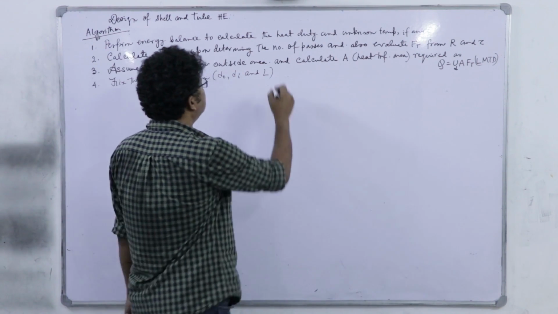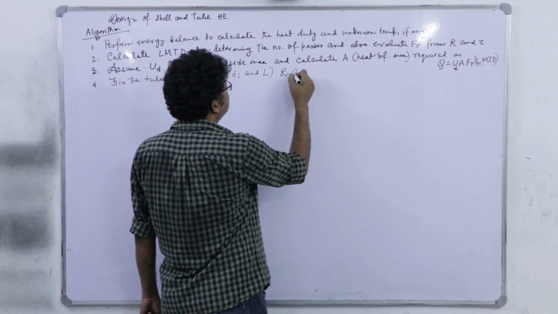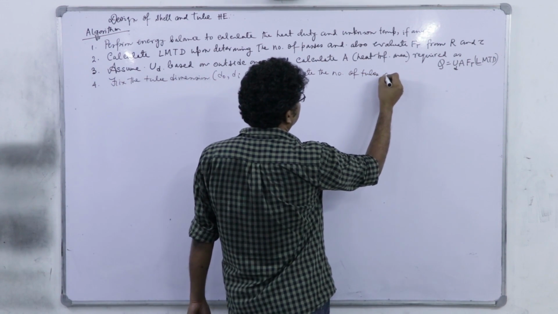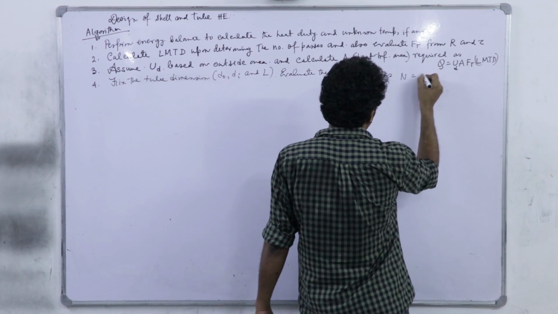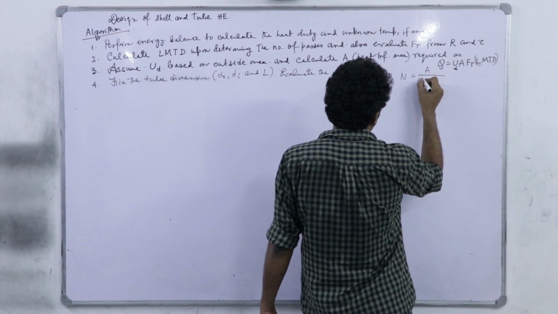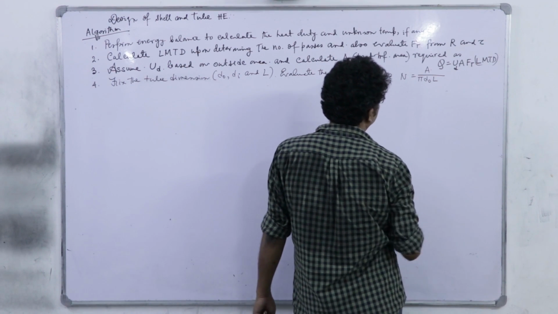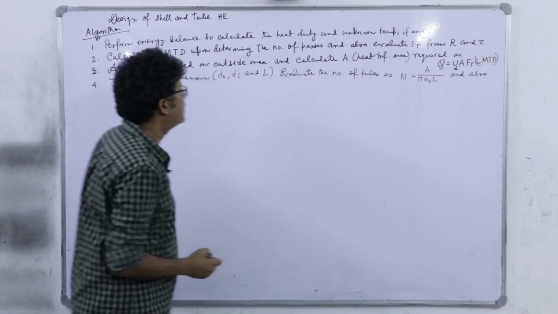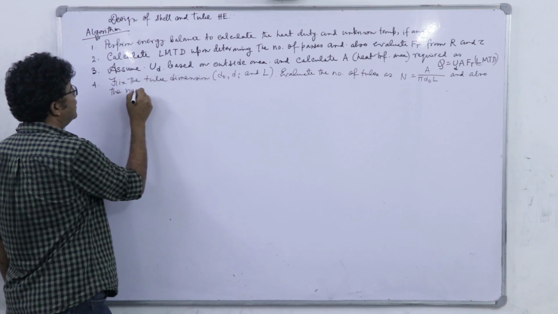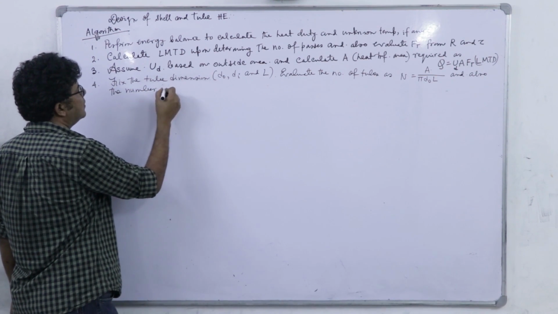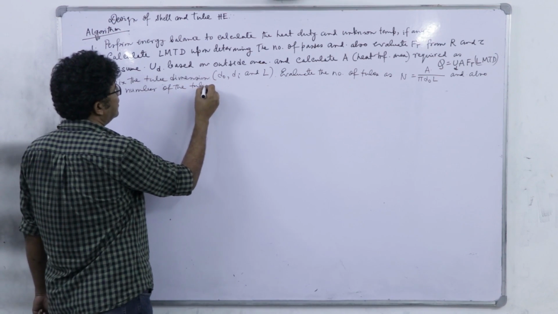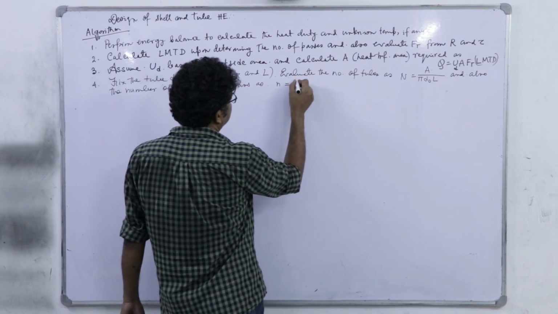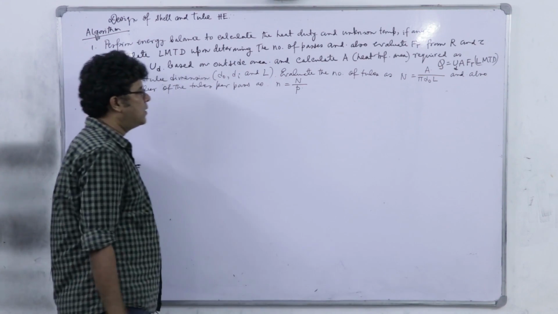So, evaluate the number of tubes as N equal to A divided by pi into DO into L, and also the number of tubes per pass as small n equal to capital N divided by P, the number of tube passes.